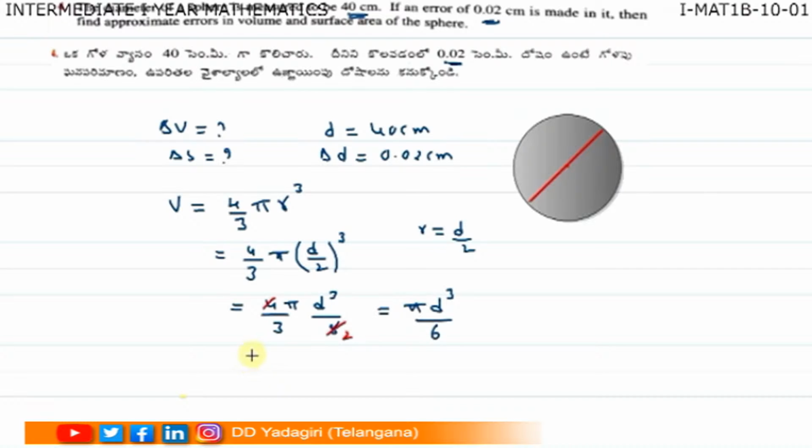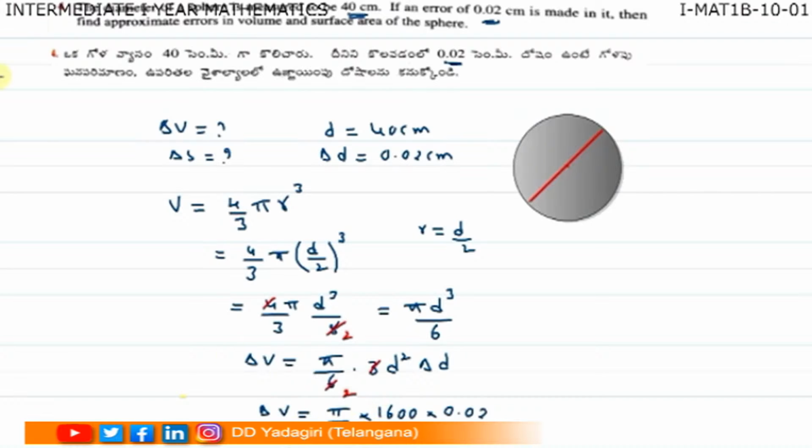Now differentiate. Delta V is equal to pi by 6 constant, d cube derivative is 3d square, error in D is delta D. Again here 3 ones are 3, 3 twos are 6, so the 3 gets cancelled. So delta V is equal to pi by 2, substitute the values, d square is 1600, that is 40 whole square, delta D is 0.02.